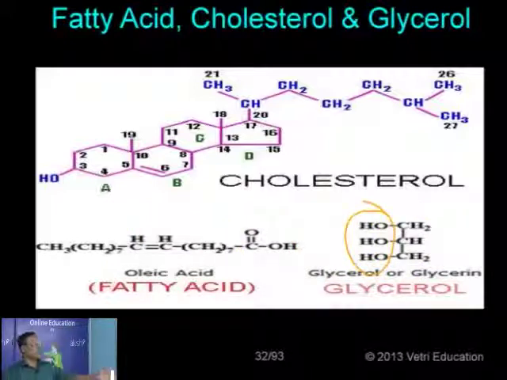Now the cholesterol, the long molecule you see here. This is the structure of cholesterol. We have many rings, A, B, C, D, and the total number of carbon atoms in cholesterol is 27.